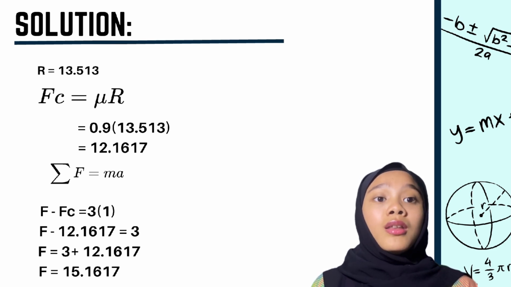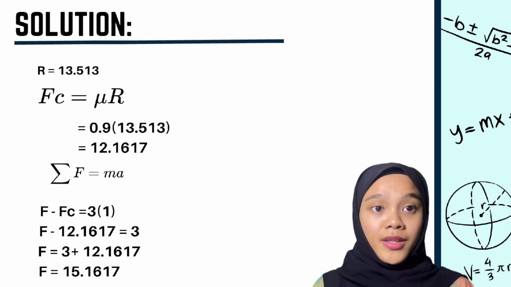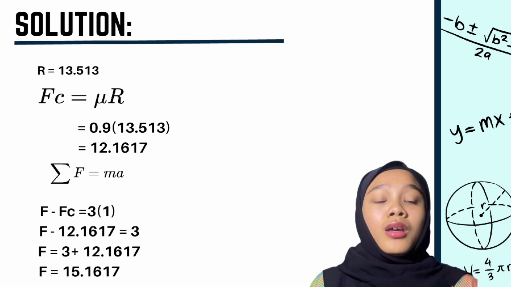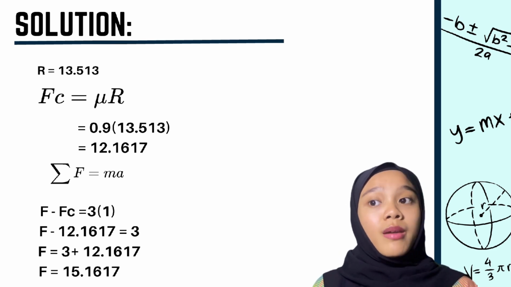Then we get the frictional force as 12.1617. Then we use the frictional force to find the force exerted by Arif in the problem statement.